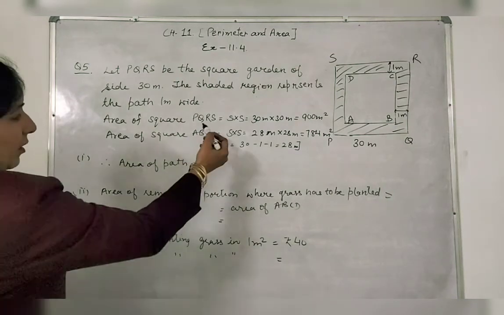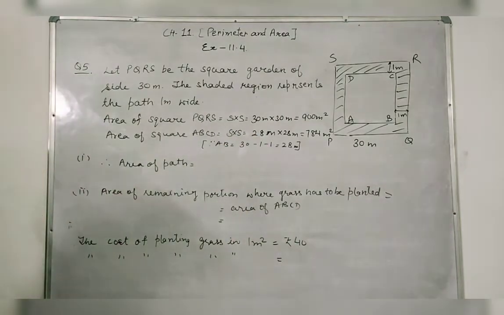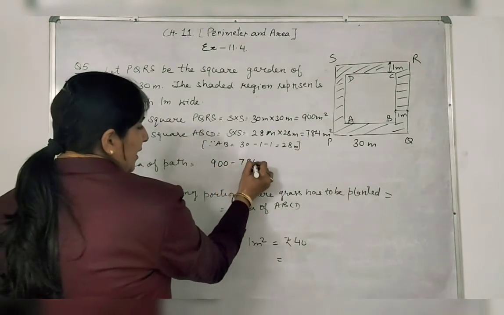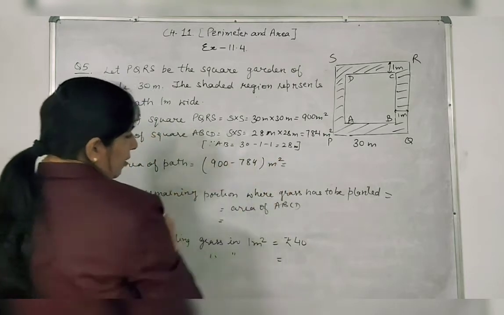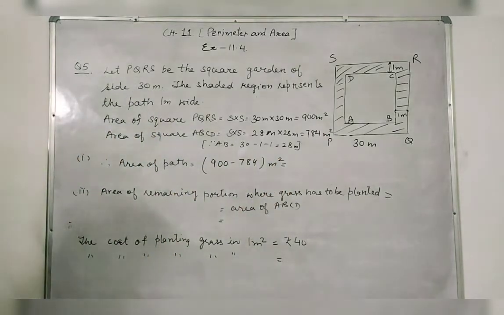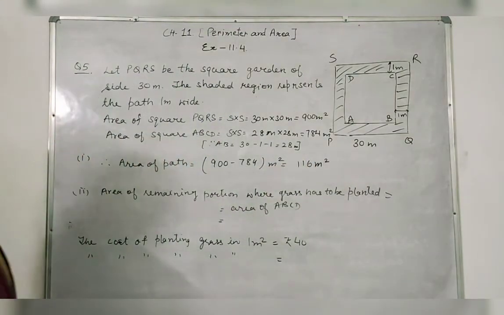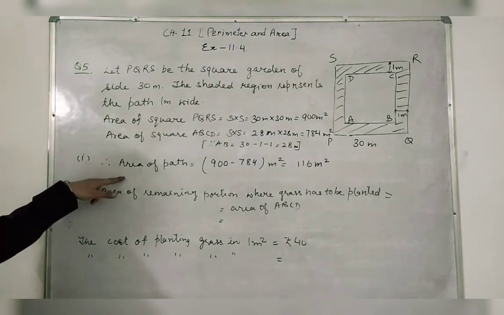As we have the area of both the squares, we can easily calculate it. I am directly subtracting the smaller square area, 784, from 900 to get the area of the path. After subtracting, the result is 116, meaning 116 meter square is the area of the path. So this is asked in part 1 of question 5.